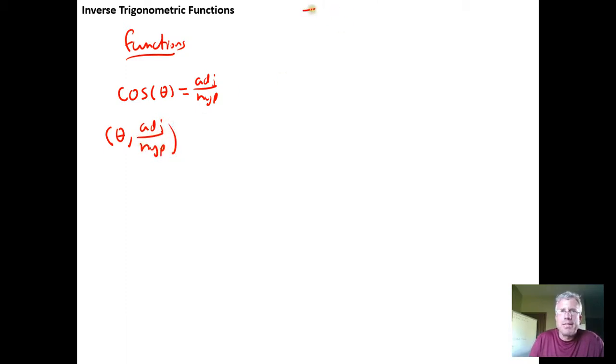So if there is an inverse function, then the inputs need to be the side ratio, the adjacent over the hypotenuse, and the output needs to be the angle that generated that side ratio. So the inverse functions, we give them names.